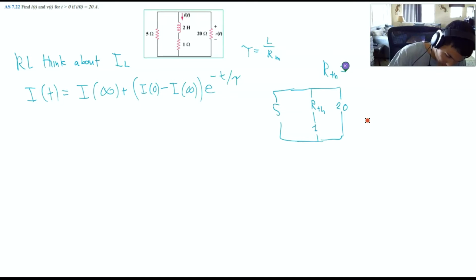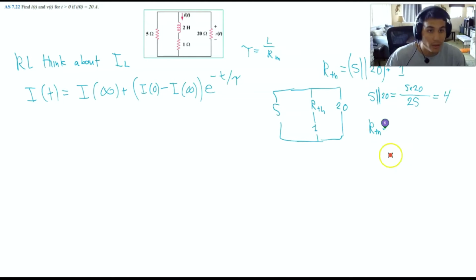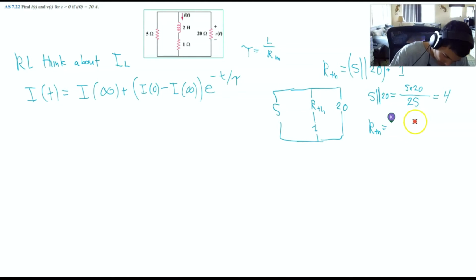R Thevenin is equal to 5 parallel 20 plus 1. And 5 parallel 20 is equal to 5 times 20 divided by 25, which is 4. Then R Thevenin is 4 plus 1, which is 5 ohms.